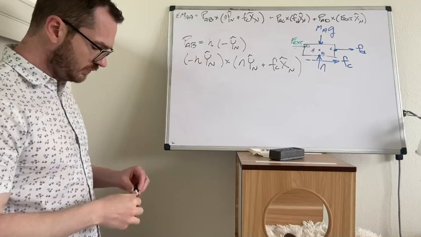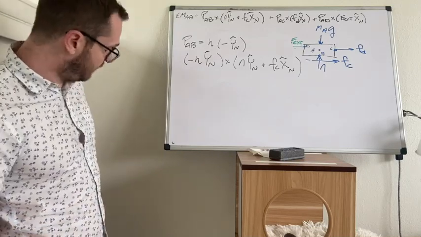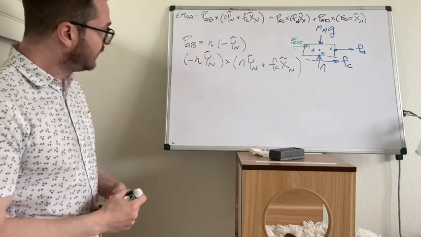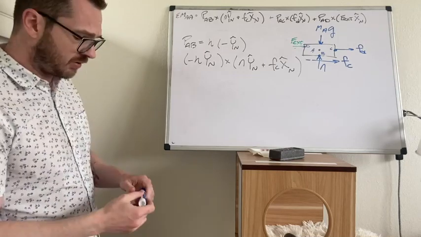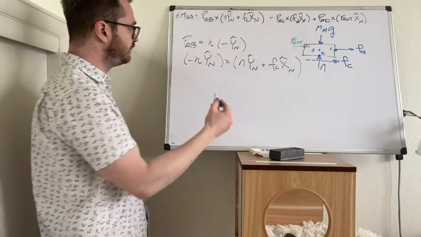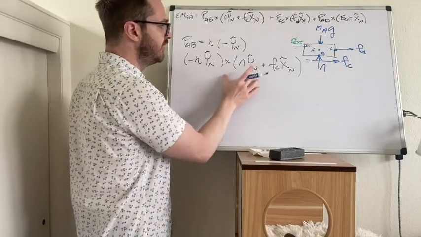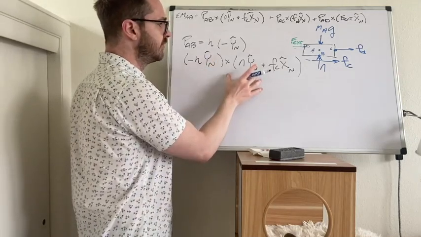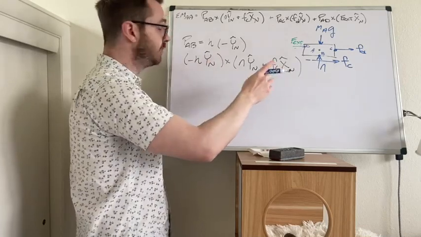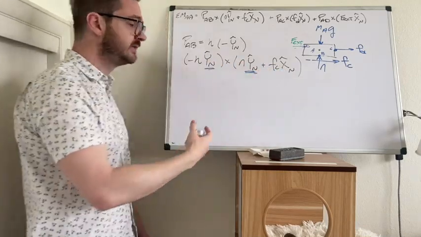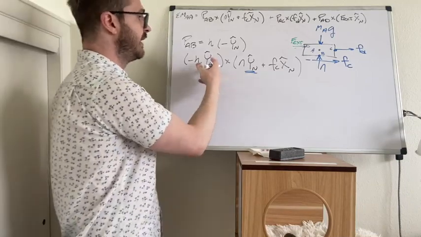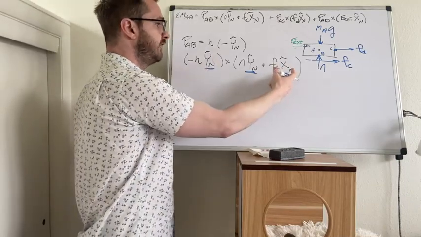So what's going to happen with this cross product? Well, we've done this several times, right? We had to do a whole bunch of cross products with transport theorem. We know that we can distribute this. I can take this one and distribute it here, and I can take this one and distribute it here. So we're looking at y cross y, which is going to be 0. And then we're doing y cross x.